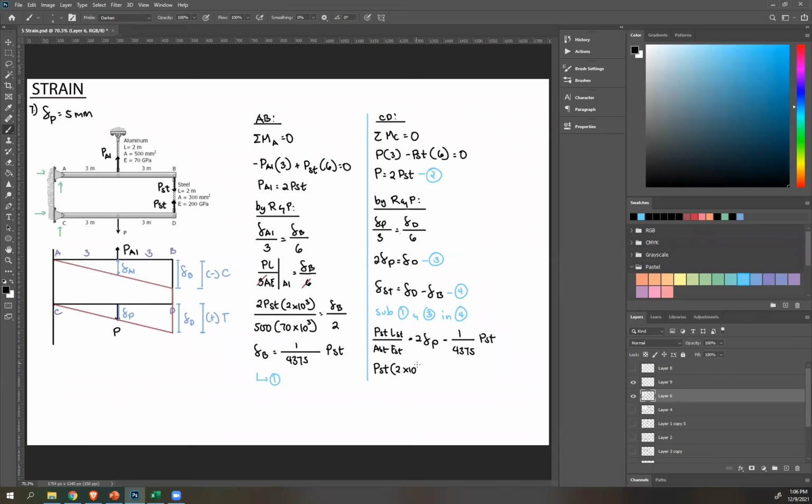So times 10 raised to 3, convert to millimeters, over cross-sectional area of steel 300, modulus of elasticity 200 times 1000 to convert to MPa, equals twice delta P, and that's given. Delta P is 5 millimeters, so twice 5. And then minus 1 over 4375 PST. From this, you can solve what's PST.